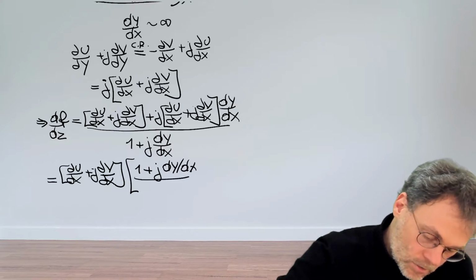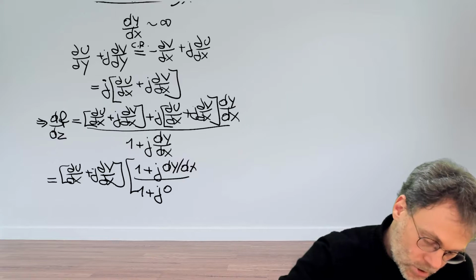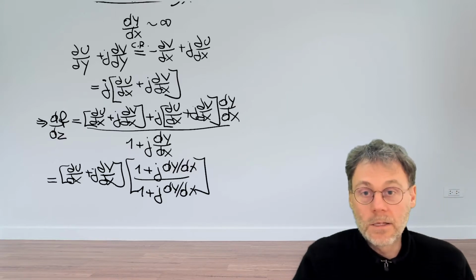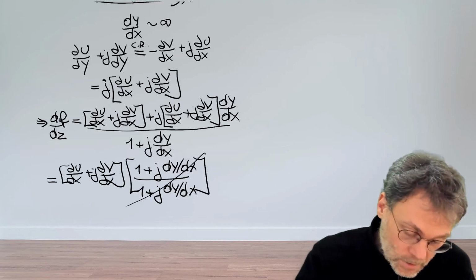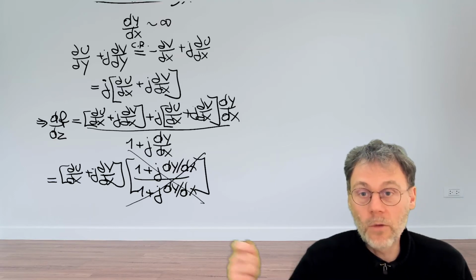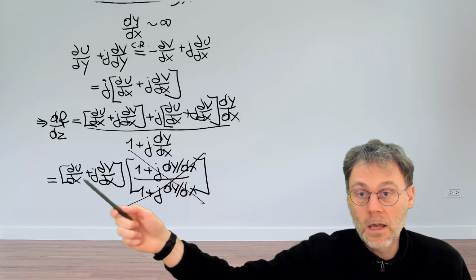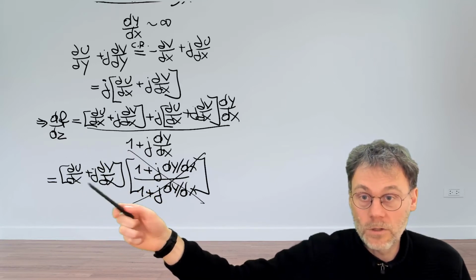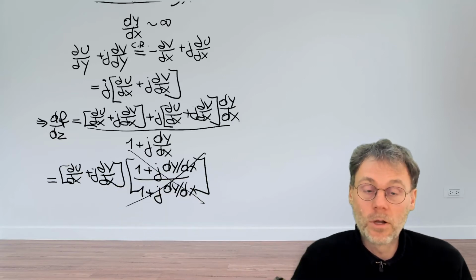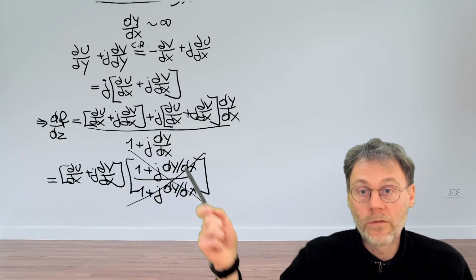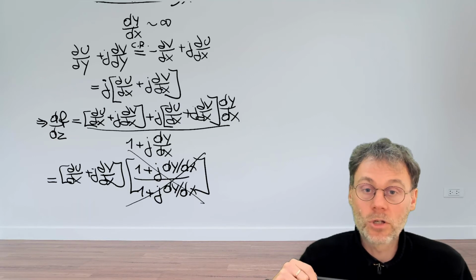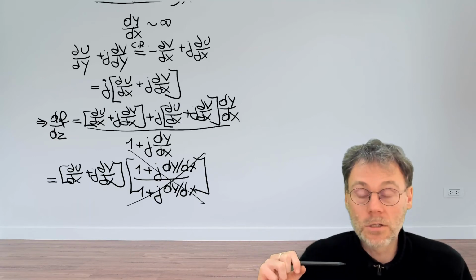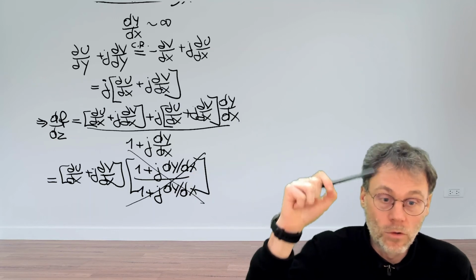And in the denominator, lo and behold, we also have 1 plus j dy over dx. And that is indeed what we were after, because now this thing cancels. And we can write that df dz can also be written in this particular form. So only taking the partial derivatives with respect to x of u plus jv. So we've gotten rid of the direction of approach. We've also shown that the Cauchy-Riemann equations are not only necessary, they're also sufficient.